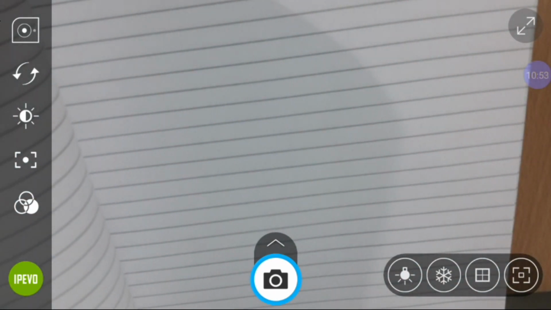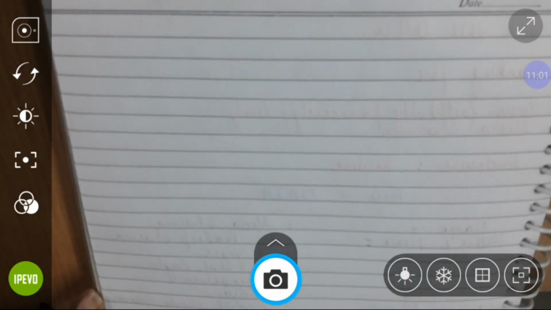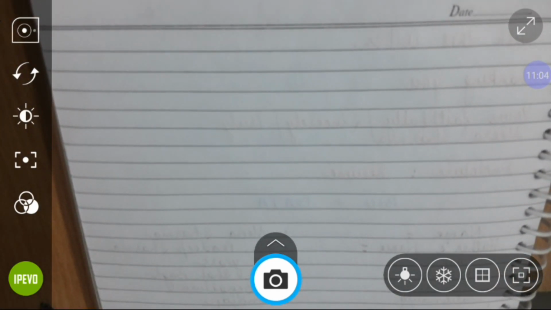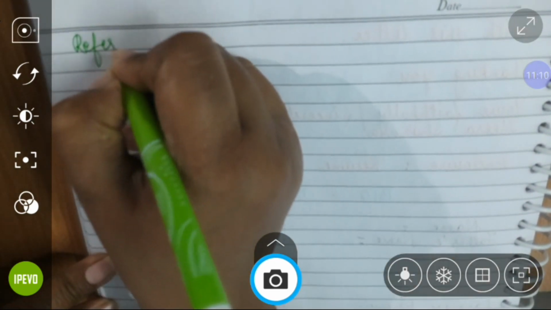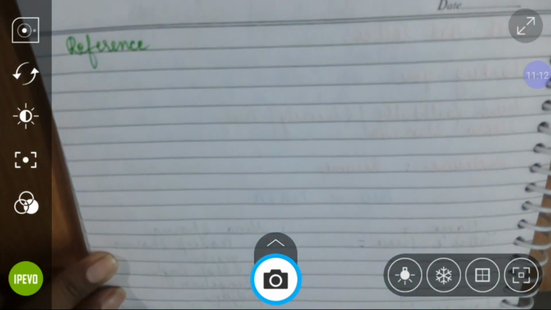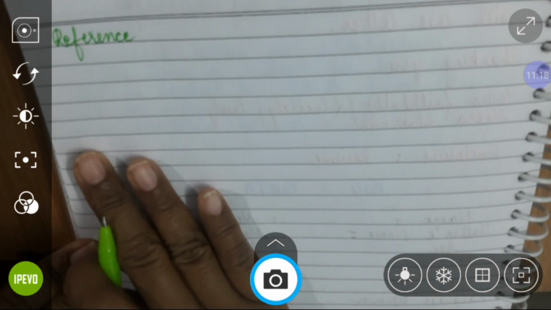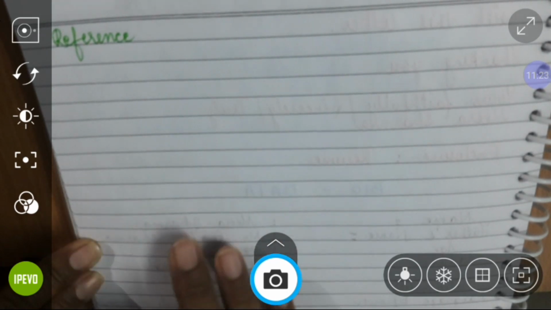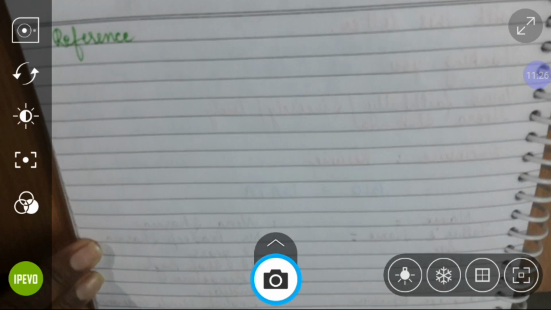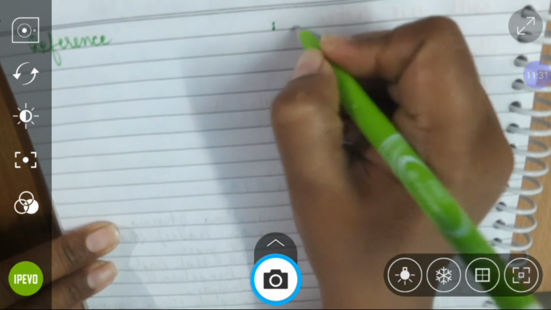Now after experience, reference. Now why it is important to write reference? Means you are giving reference of 2 people, right? And if the school or the organization wants to ask anything related to your character or anything about you, they can easily talk to these personalities. Okay? 2 references should be given.